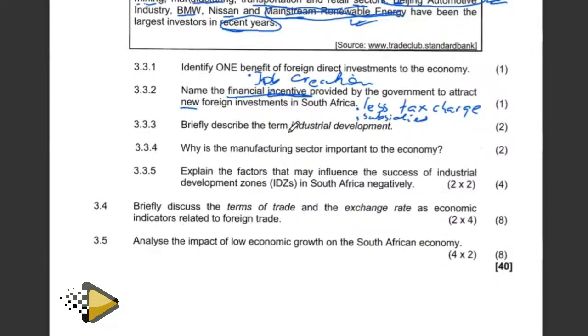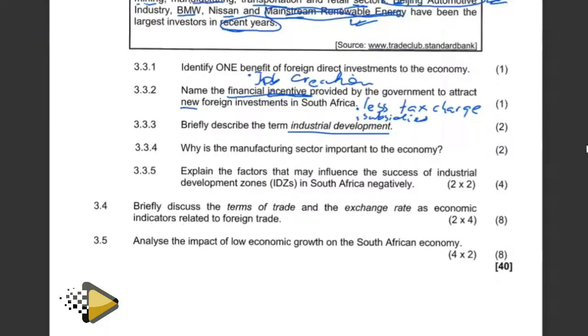3.3 addresses the issue of industrial development. When we talk of industrial development, we refer to the improvement of businesses that are selling the same product. If you still remember grade 12, I explained this in a previous question.